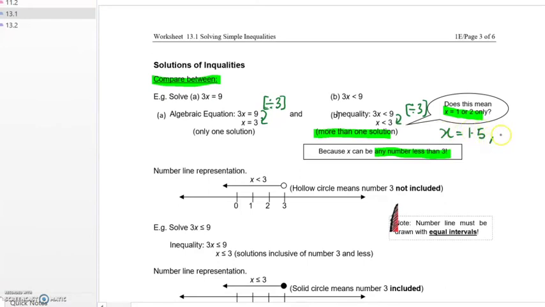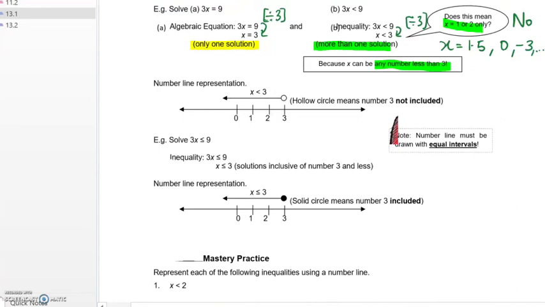Maybe you have 0. It could even be negative numbers like -3, so on and so forth. So you are looking at a range of numbers, not just two possible answers. Whereas in an algebraic equation, you only have one solution. So that's the main difference between an inequality and an equation.